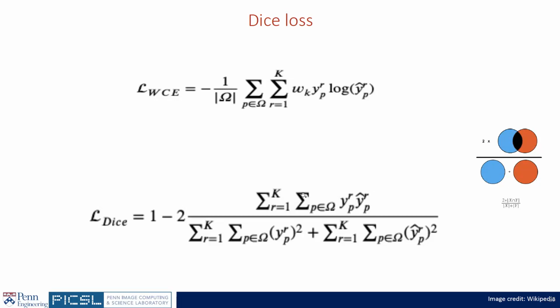This is written in the formula where y is your actual ground truth label for that particular pixel, and y cap is your predicted output. Then you sum them over all the labels through your entire image domain, and divide by the number of pixels in your domain.